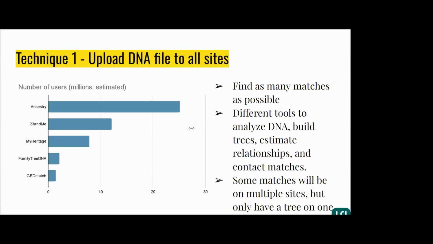So for now, your best strategy, if you haven't tested, is to test at Ancestry DNA and then upload that file to other companies on this chart: MyHeritage, Family Tree DNA, and GEDmatch. Those are the ones that allow uploading. 23andMe is more focused on what your DNA can tell you about your health rather than family history.